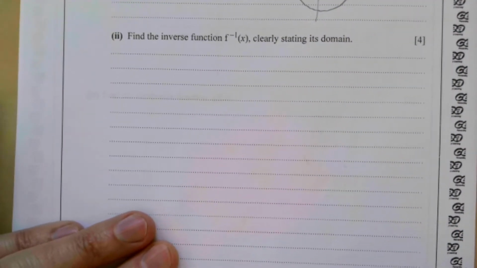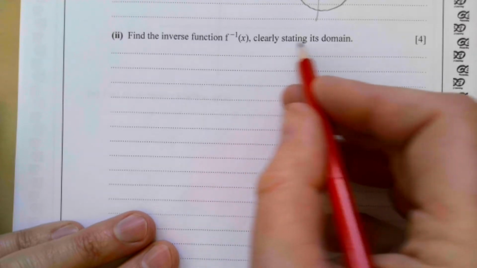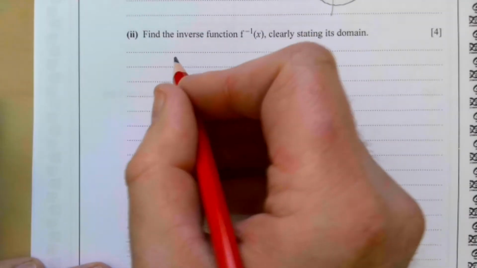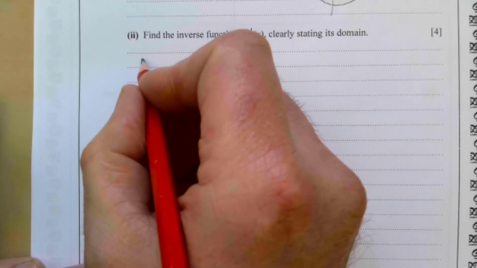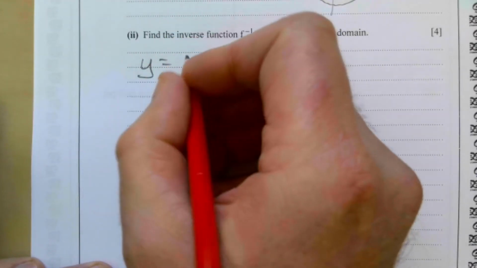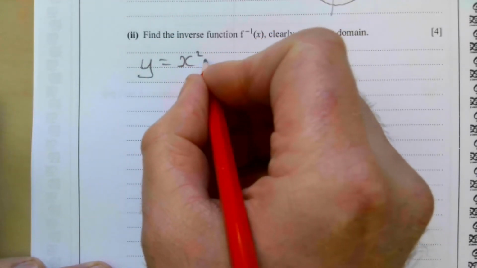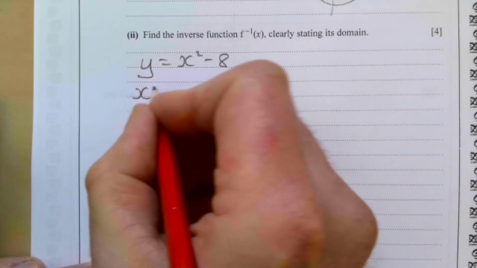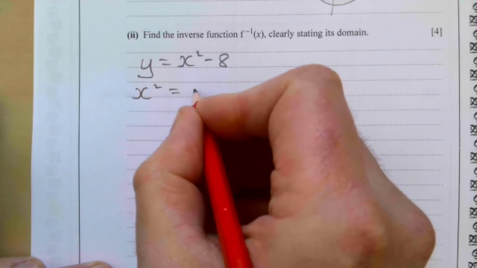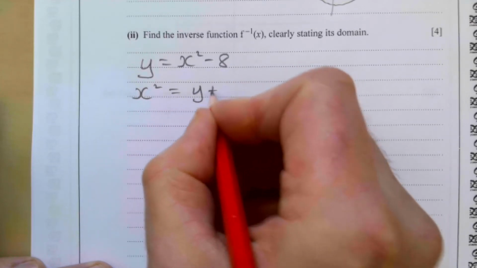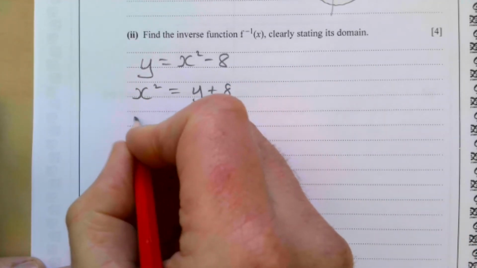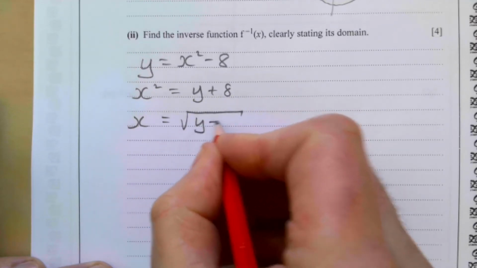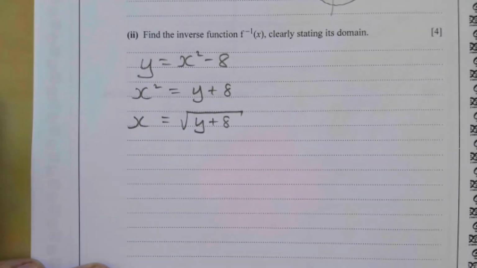Find the inverse function f to the minus 1 of x, clearly stating its domain. So we know our function is y equals x squared minus 8. That means we could rearrange it as x squared equals y plus 8. So x equals the square root of y plus 8.